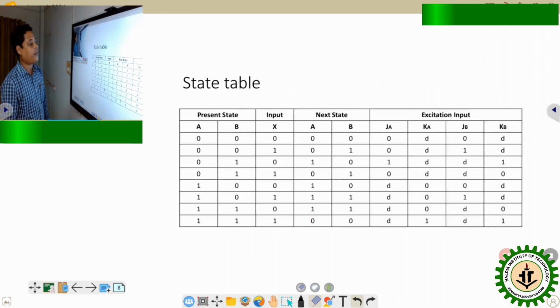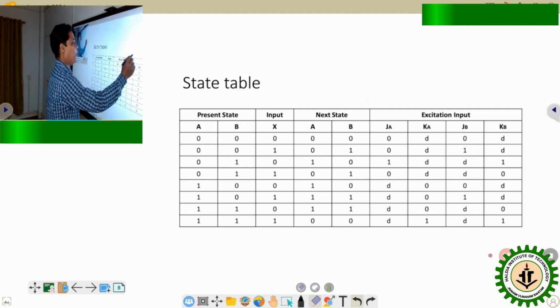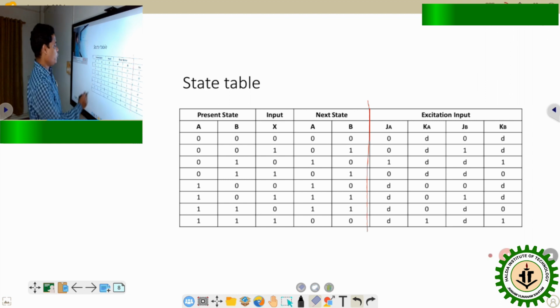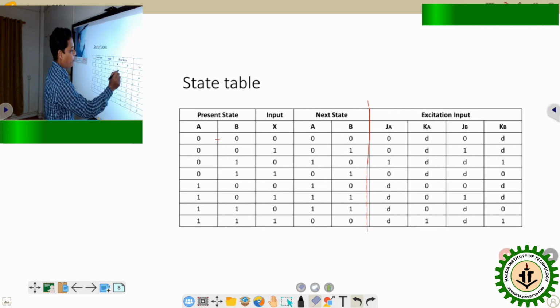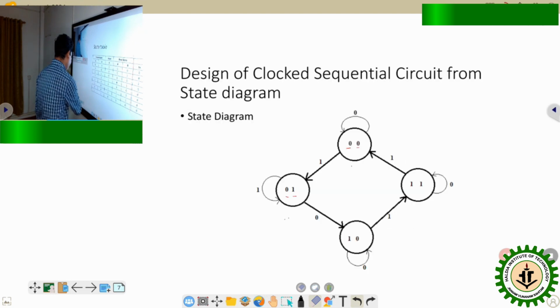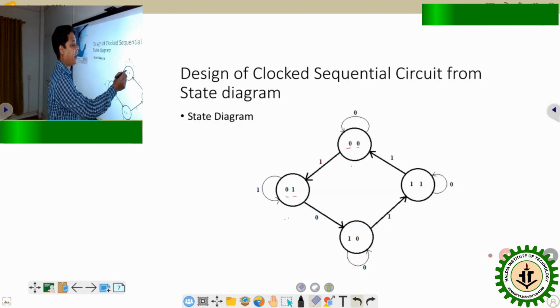So to start with, let us first prepare the present state and next state table based on the given input. Primarily concentrate up to this part first. Here we have taken different states A, B, 0 0, 0 1, 1 0, etc. and the input X. When x equals 0, first we can observe that the state remains at 0 0 to 0 0, as the previous state diagram shows.